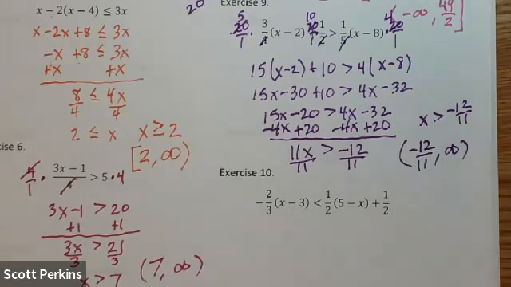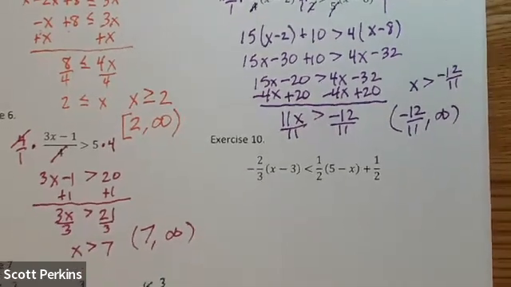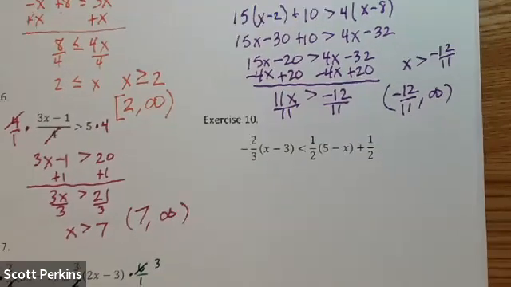One final problem for the day and for the week. Exercise 10. So again, 10 seconds, write down what you think the common denominator is for all of those terms.